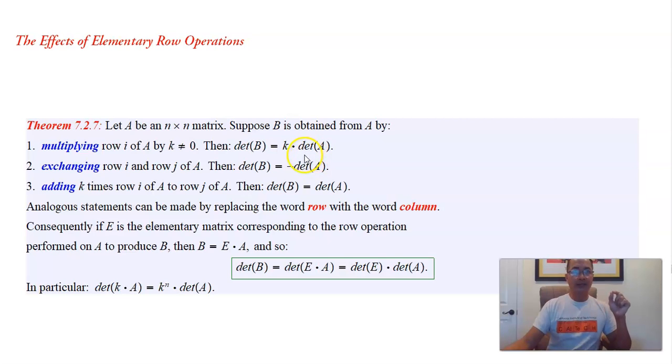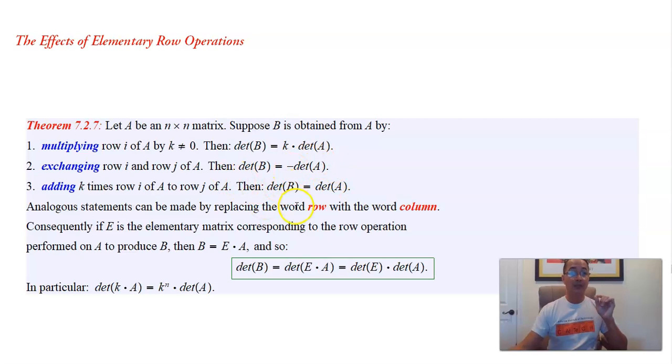The determinants that we got in the last theorem were k, -1, and +1. So this theorem is a special case of the other property of determinants that I also mentioned to you, that the determinant formula is multiplicative, not additive, but multiplicative.